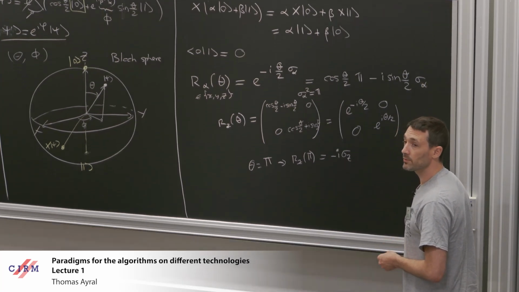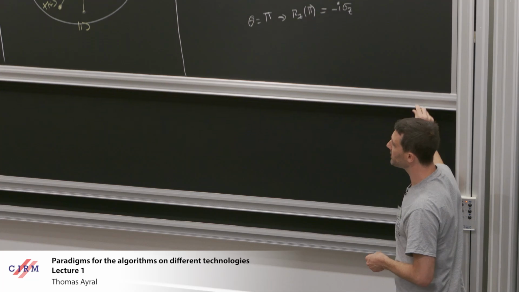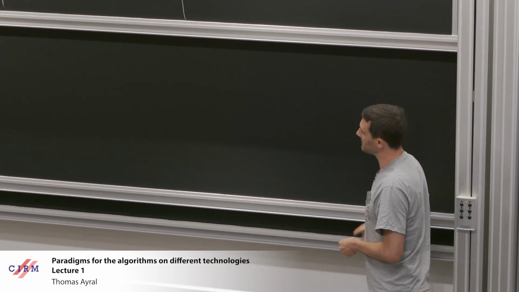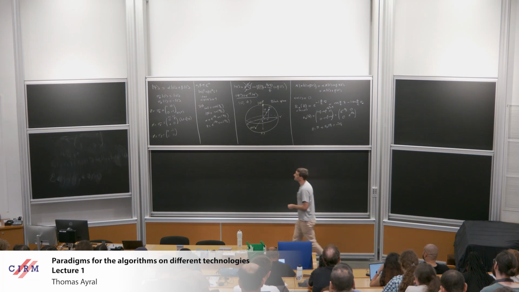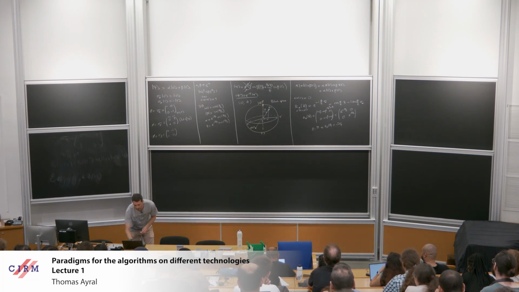Okay, so now we know how to manipulate a single qubit, and we're going to manipulate 2 qubits. That was 1 qubit, and now let's move to 2 qubits.